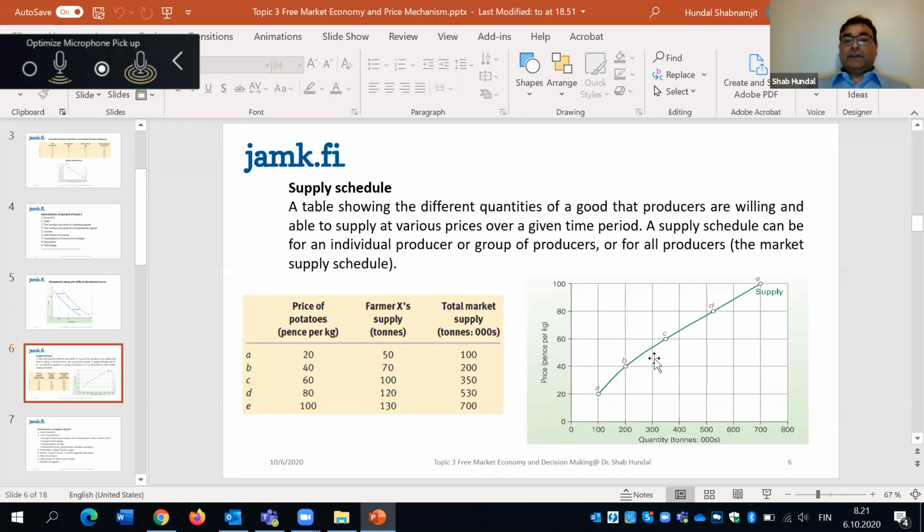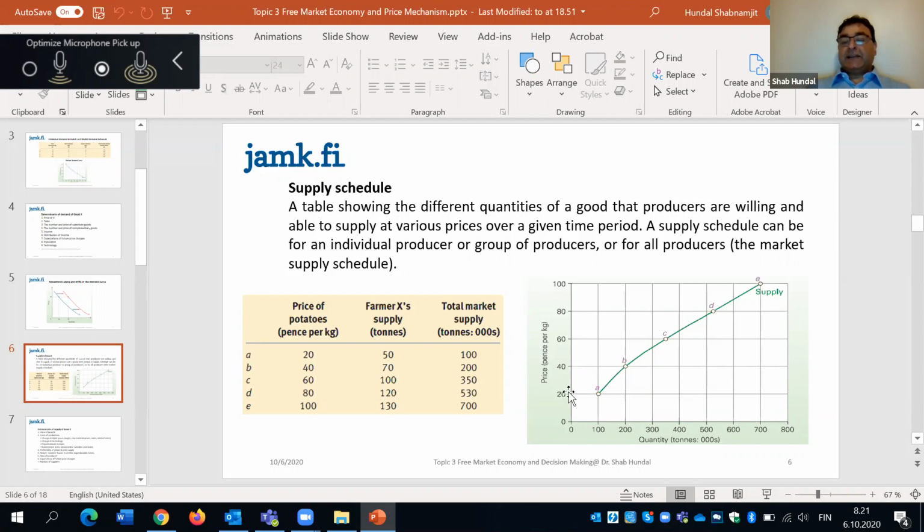You can see in the figure here that when the price is below 20, supply is 0. Your supply curve is not starting from the origin. The line doesn't start from 0. Your supply curve always starts from a certain point, and that point is 20 pence.